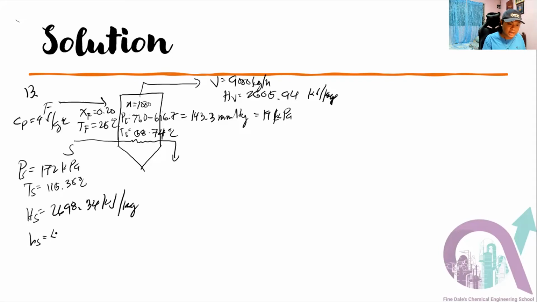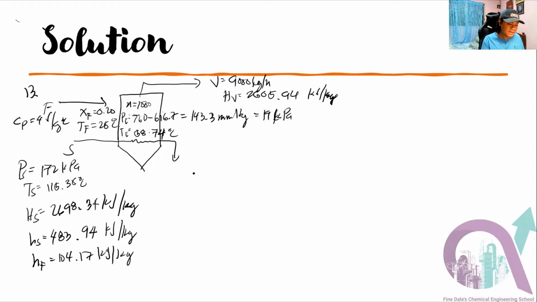This is for the liquid, 83.94 kilojoules per kilogram. We also have our HF at this temperature, 25 degrees Celsius. So this is liquid, so from the saturated liquid, you get it.